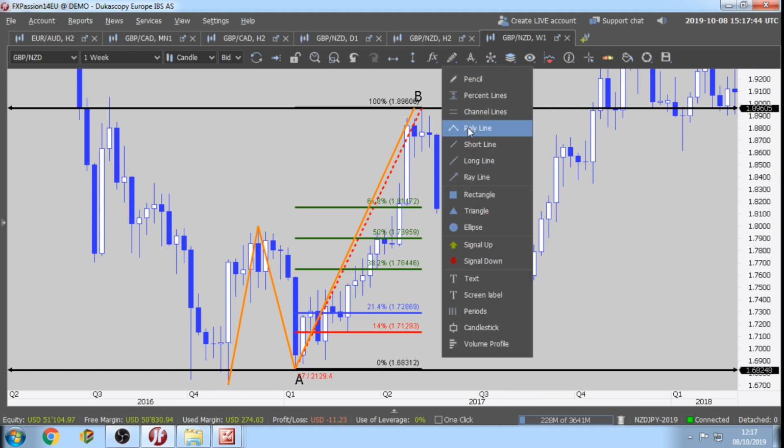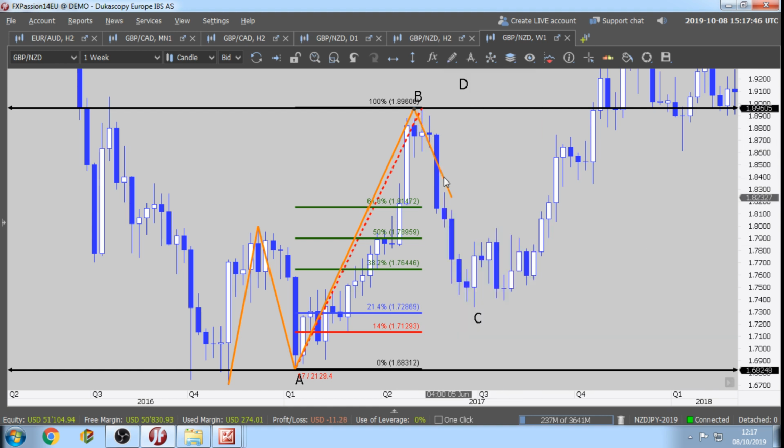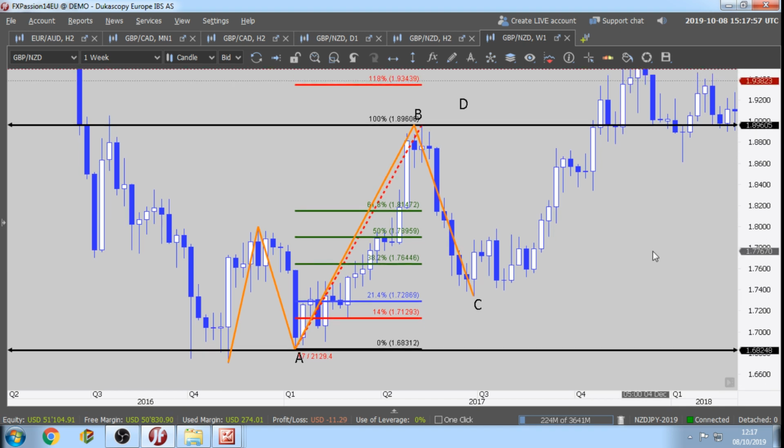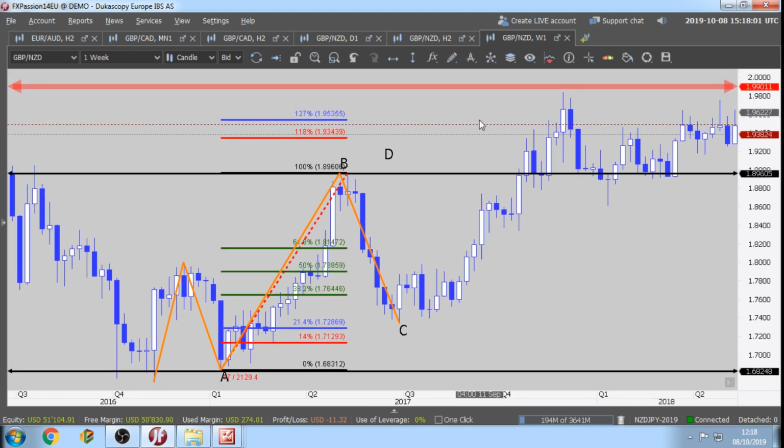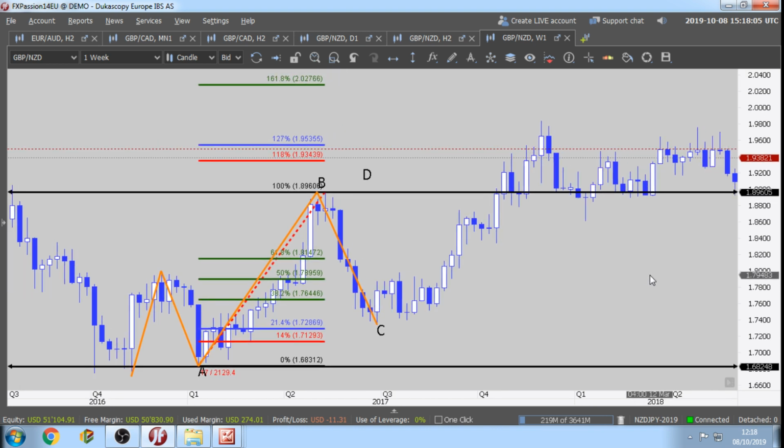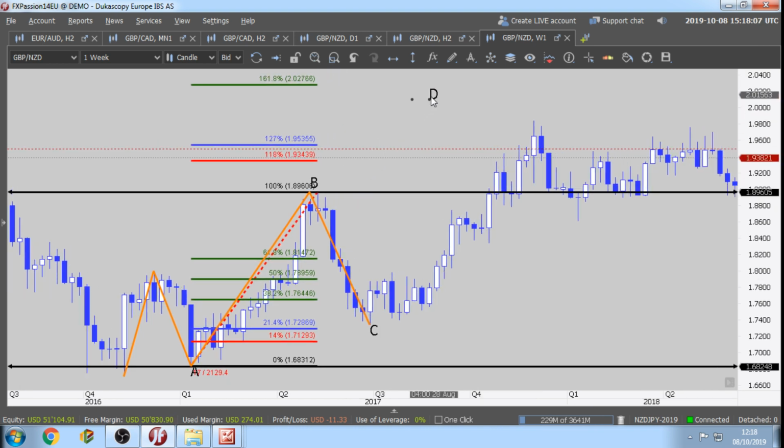So orange line, A to B, B to C. The market didn't touch the blue, didn't touch the 21.4%, so it's still green, and green goes to green, right? I'm going to delete, there you go. And our D extension is up in here.